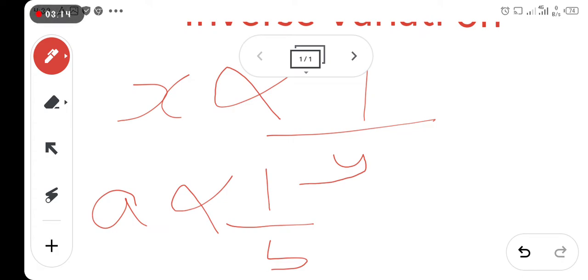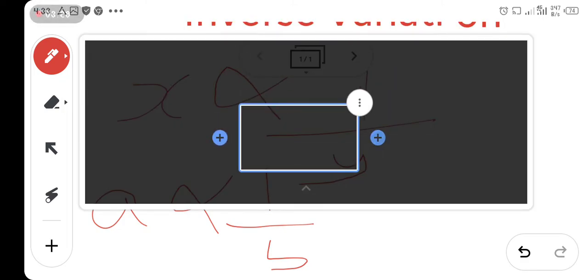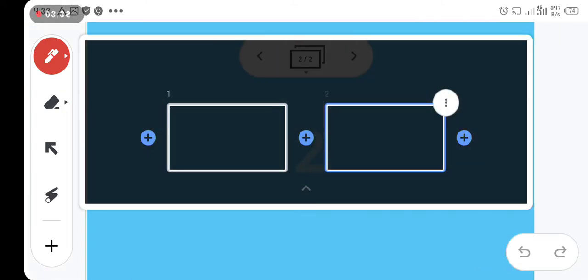Next, we're going to see how we can solve problems on inverse variation. Remember, I gave you steps. We'll still follow the steps that we use to solve problems in direct variation. So, I have a question here. Listen.